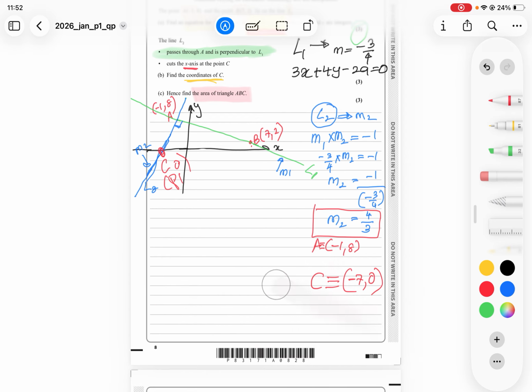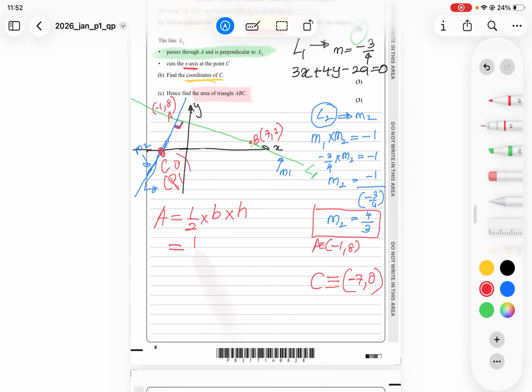Now we know this is a right-angled triangle. We can say this is 90 degrees. Since it's perpendicular, we can take area as half into base into height.